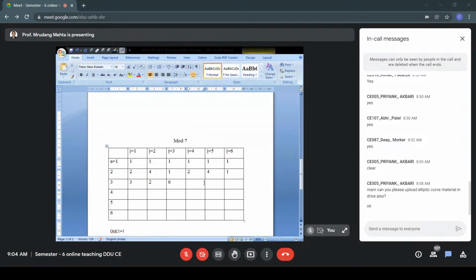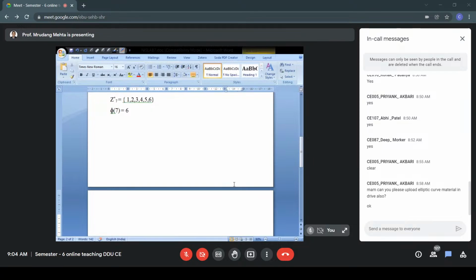This gives me 1. Now see, in this third row, each element is unique: 3, 2, 6, 4, 5, and 1. All the elements of Z7 star, which are 1, 2, 3, 4, 5, 6, are generated.